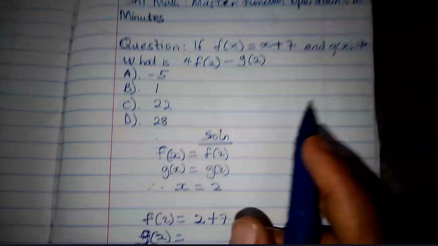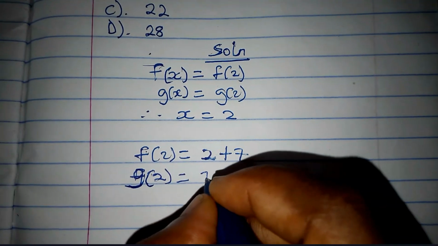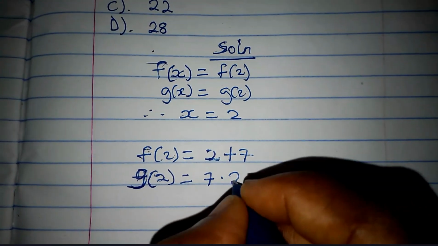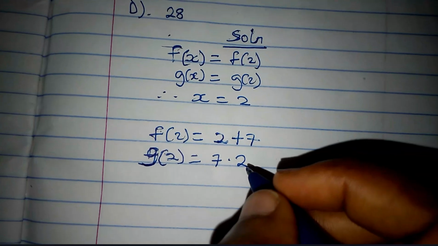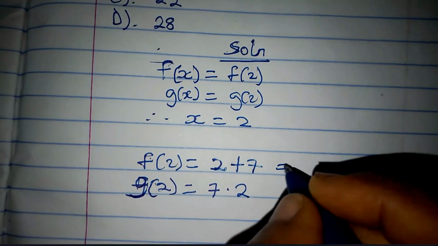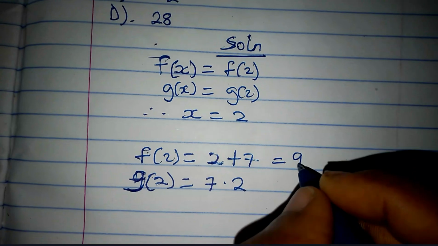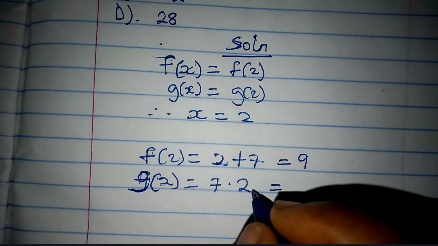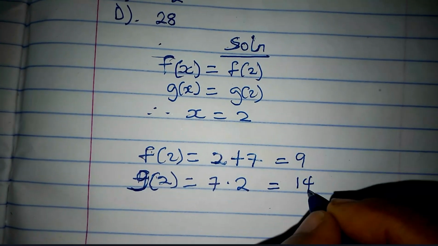Replacing x with 2, we have 7x, which is 7 times 2, right? So now we know that f(2) is equal to 9, and g(2) is equal to 14, right?